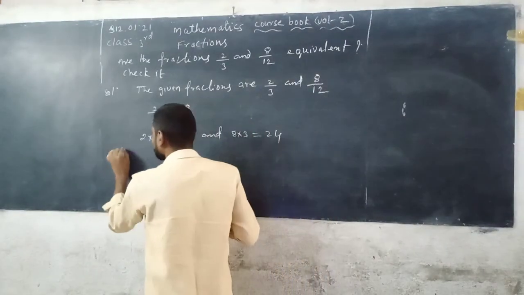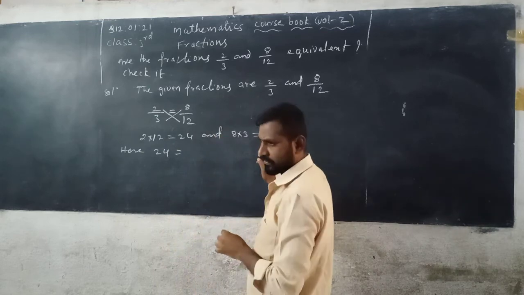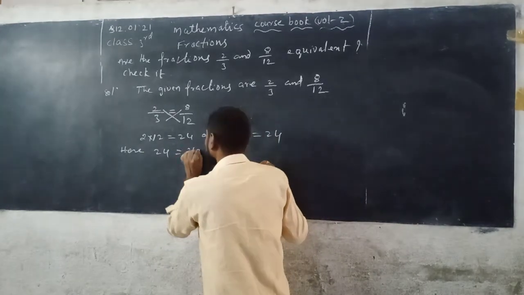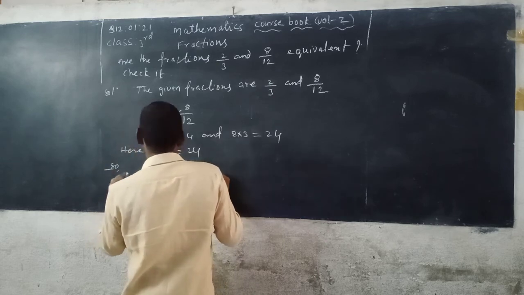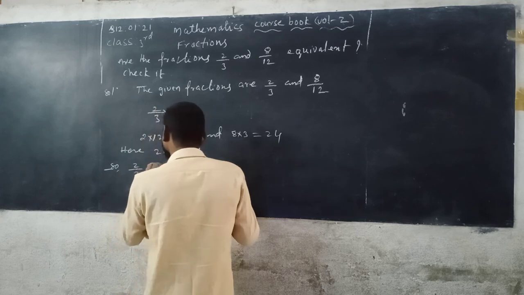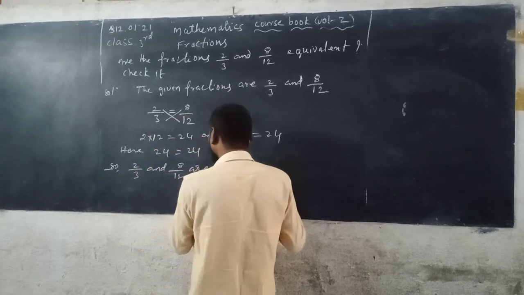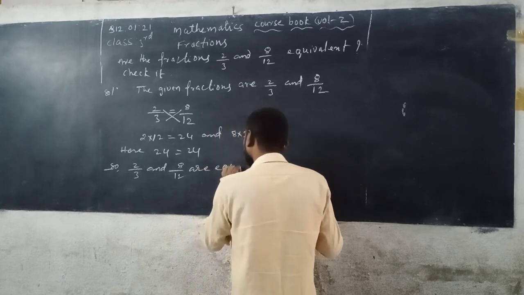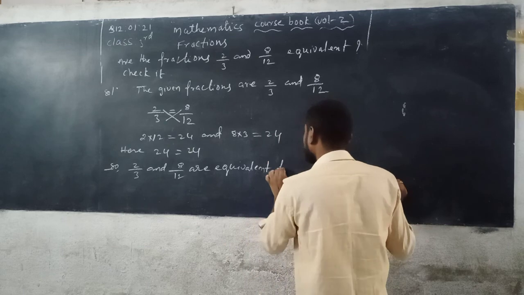Here 24 is equal to 24. So 2/3 and 8/12 are equivalent fractions.